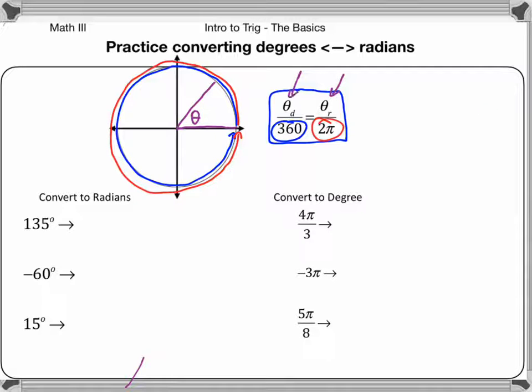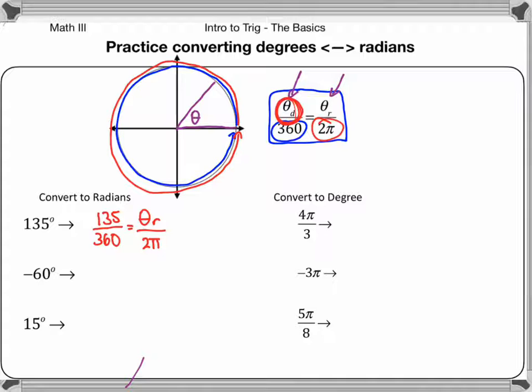So let's do an example real quick. 135 degrees. I know that is going to be a degree measure, so I want to put it right here. So I'm going to say 135 degrees is to 360 degrees as theta r, which is theta in radians, is to 2 pi.